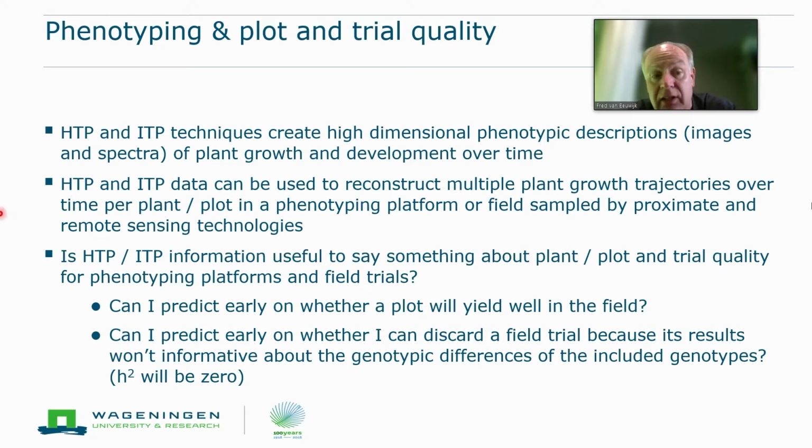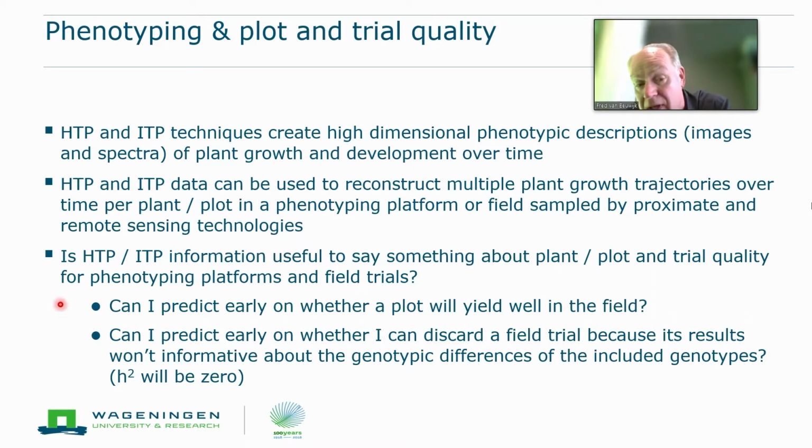The situation I'm going to look at is that we have multiple of these plant trajectories over time as generated by the platform. One of the questions that arose in a collaboration with Scott Chapman, and I will say more about the project later on, is: is it possible early on in the growing season to predict the quality of plots and trials for yield later on in the season?